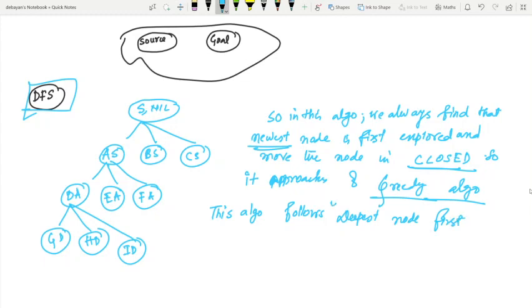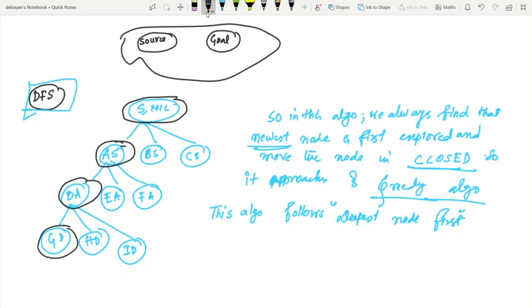So what does deepest node first mean? Initially it will first select this one, then it goes to closed, and then this one, then this one, and then this one.